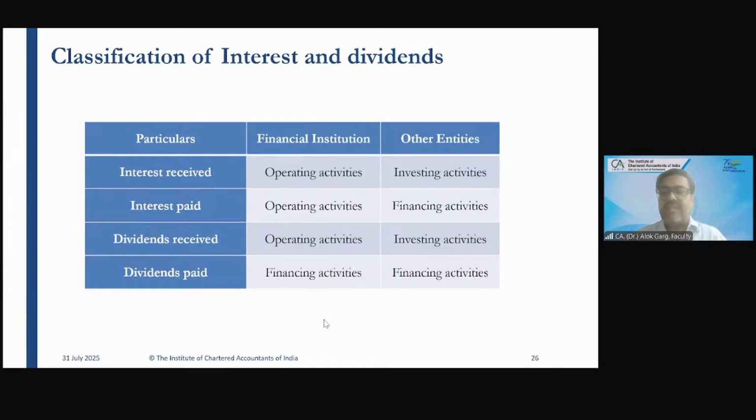Then changes in assets and liabilities, then cash flow from operations, less taxes paid, gives cash flow from operating activities. This is not a new concept; we have been learning it for the last 2-3 years.